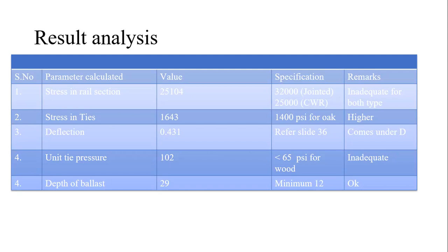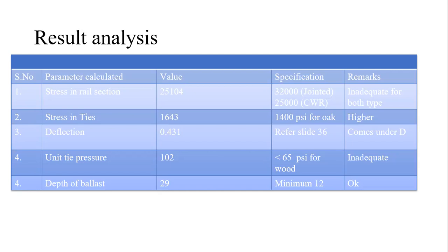Let us look at the stress in ties. That is 1643, and what is allowed is 1400. So obviously our ties are not adequate. Since the ties are not adequate, the deflection, which depends on it, is 0.431.